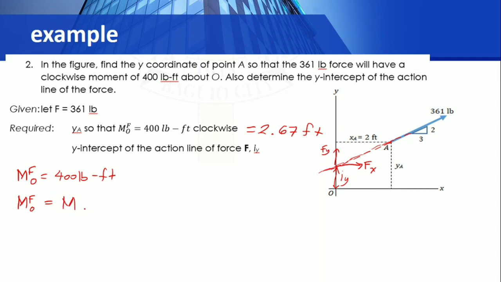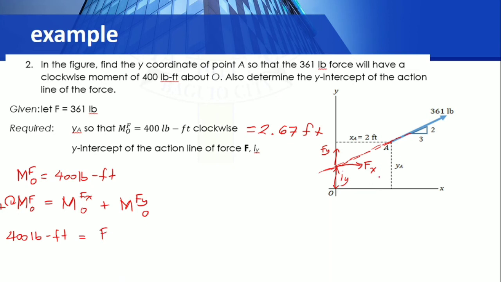So moment ng Fx at O at yung moment ulit ng Fy at O. Okay? So always dapat yung sign convention natin clockwise positive. Okay, no? So positive. So substitute natin, that will be 400 pound-feet is equal to, so yung moment ng Fx natin about O, so that will be Fx.